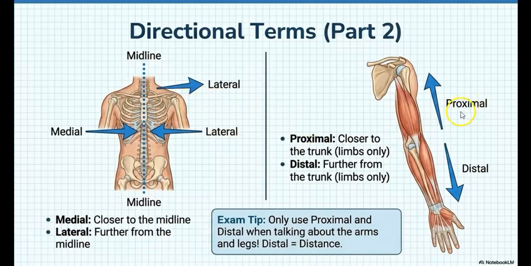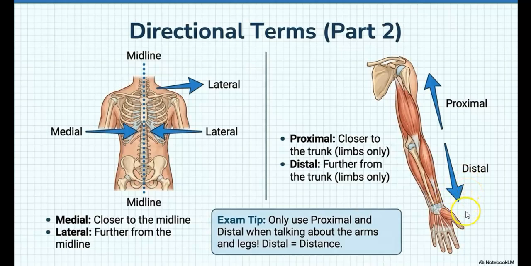Next are proximal and distal. These terms are mainly used for arms and legs. Remember this: proximal means closer to the trunk or point of attachment. For example, the shoulder is proximal to the elbow. Distal is the opposite, meaning farther from the trunk.